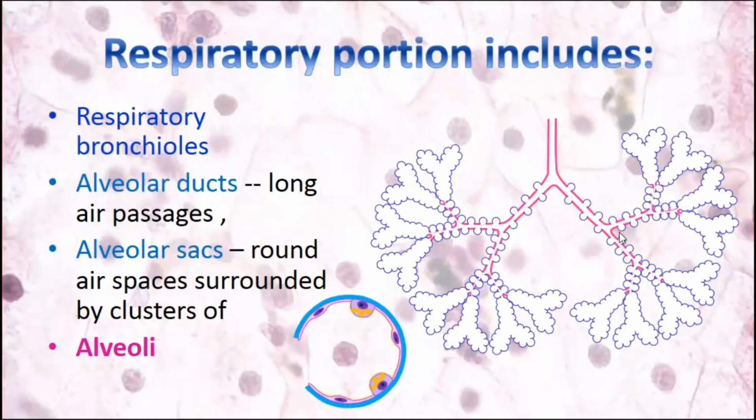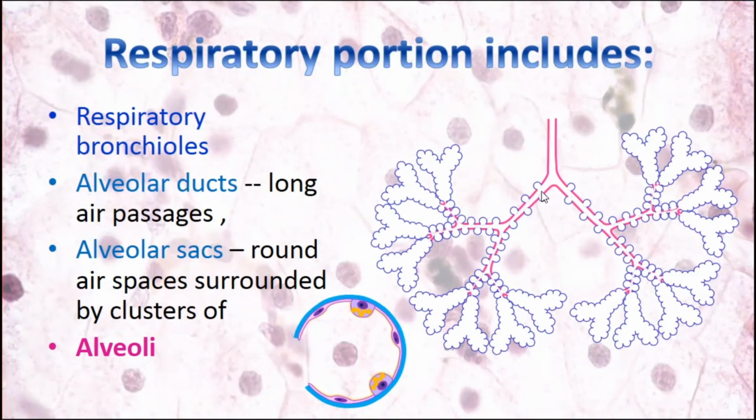And the respiratory portion includes alveoli, the main structures, and alveoli also form different structures, and they may be present inside other structures. So we have here respiratory bronchioles, alveolar ducts and alveolar sacs, and all those structures are composed of alveoli. And here we can see a terminal bronchiole.